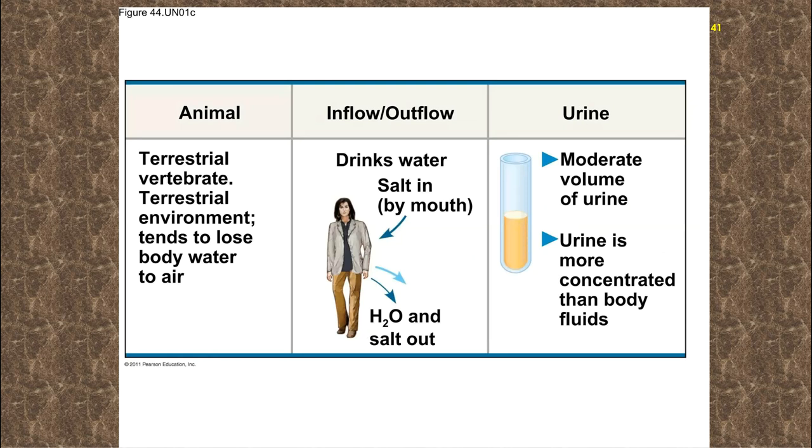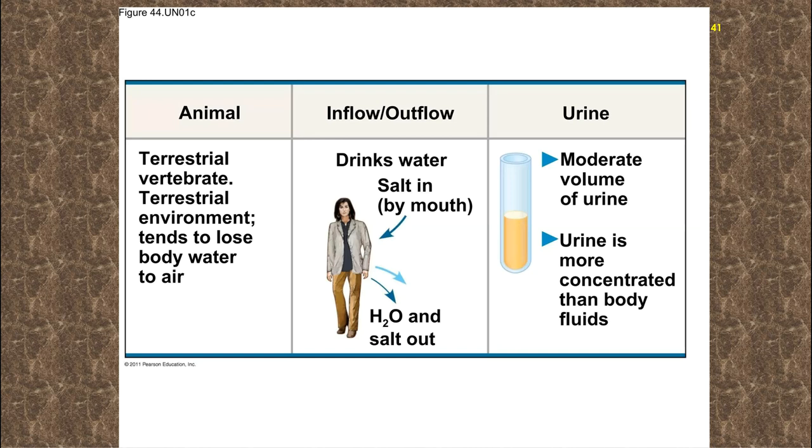Whereas the human has a different type of balancing system because he is a terrestrial vertebrate, and the terrestrial environment tends to lose body water to air through several means. Through the urine, water and salt will be getting out, and the drinking water will always contain many types of salts, which are taken by the mouth and excreted through the urine, and the urine is of moderate volume.